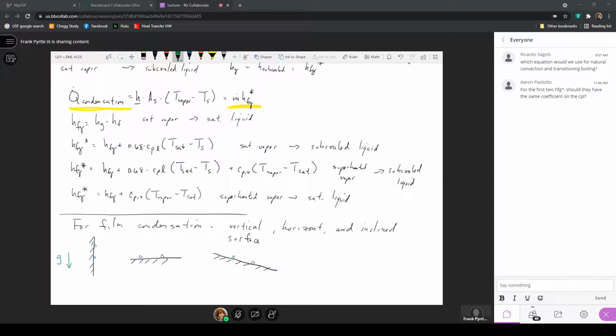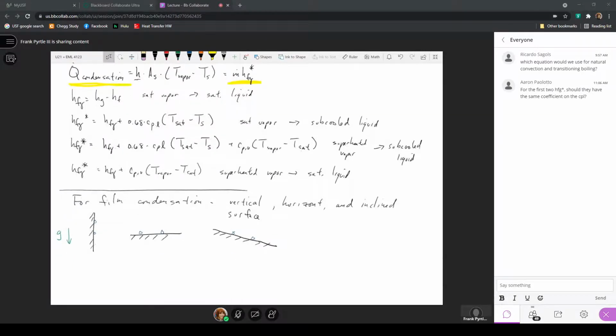But now we also will consider that we can have laminar flow that is wave free. We can have laminar flow that is wavy. And wave free and wavy have to do with what the streamlines would look like as the fluid is moving over this surface when we have film condensation.